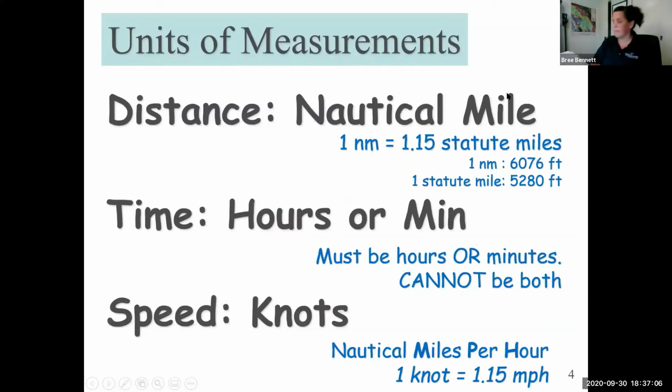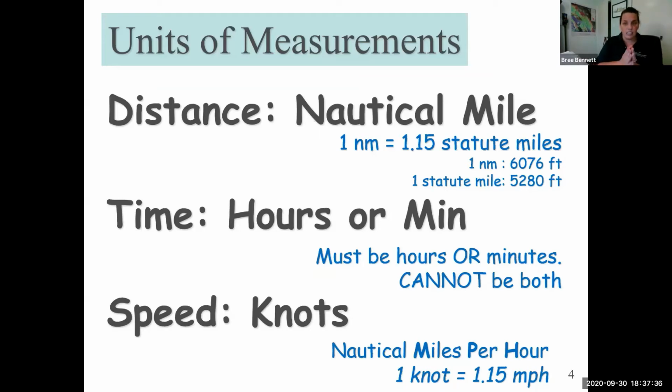So when we're talking about distance, time, and speed, these are our units of measurements, and we always go back to units to make sure that we are getting a correct number and we don't get some crazy big number or some crazy small number and it doesn't make any sense. If you know what units you're working with, then those numbers make a little more sense.